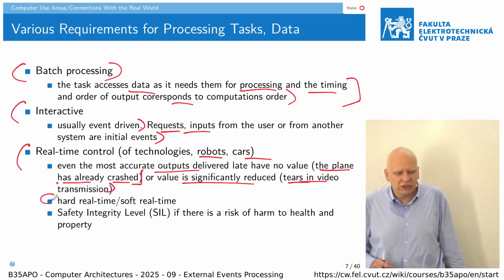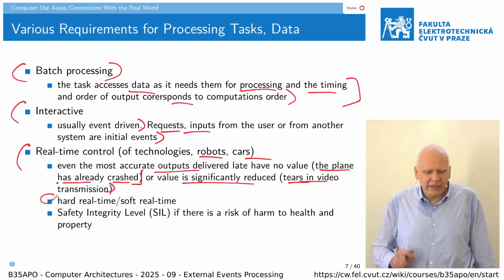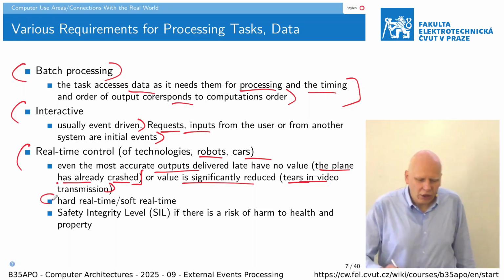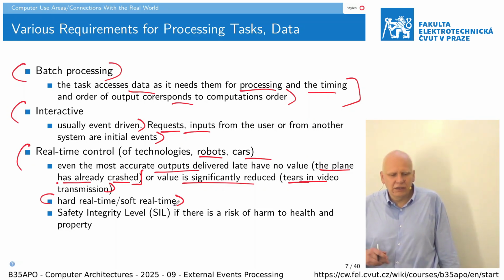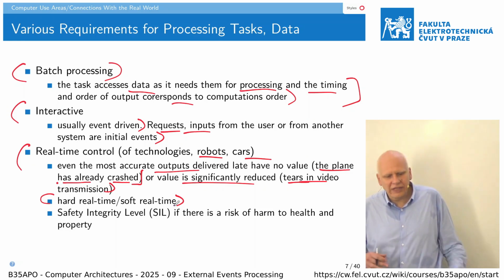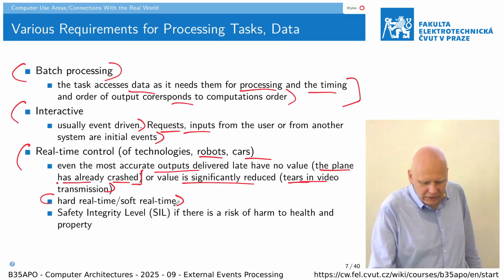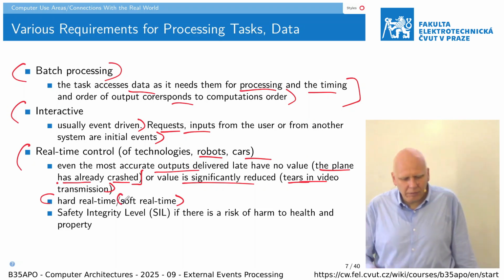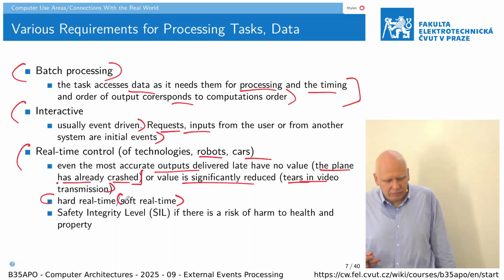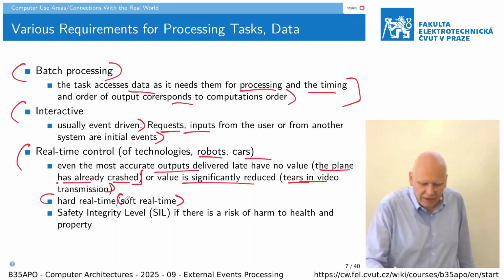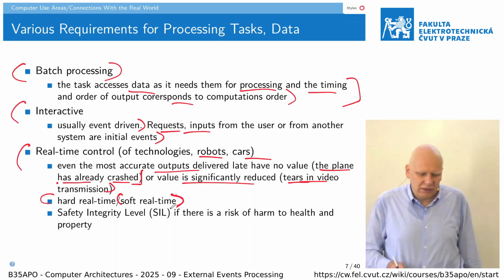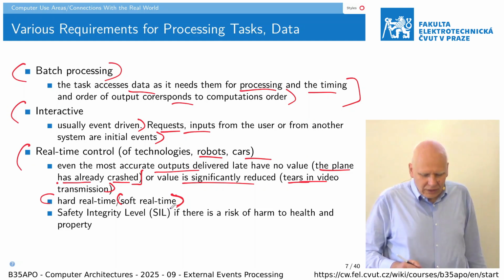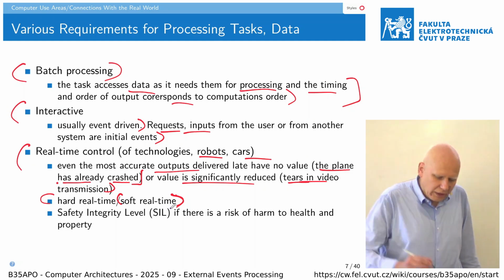Those applications do not tolerate missed deadlines, or we have soft real time where seldom delivery or missing of the data and so on is acceptable, but the price which you can ask for such a service, which has from time to time some glitch, is lower, or you pay some penalty and so on.